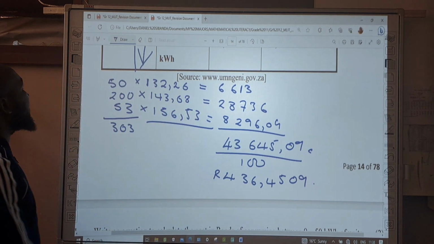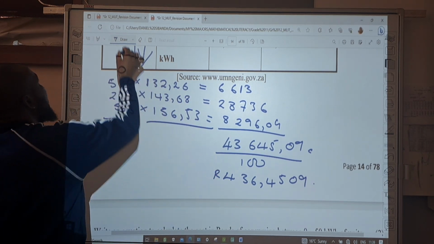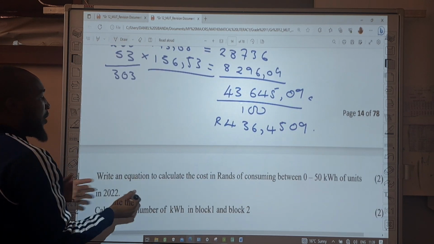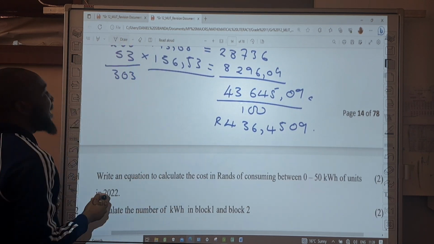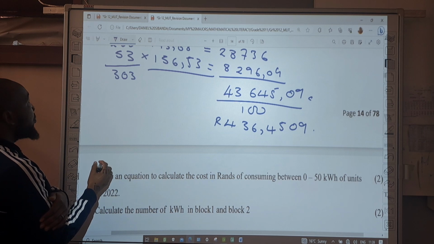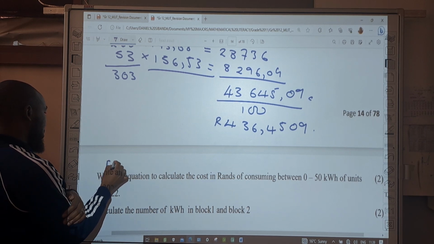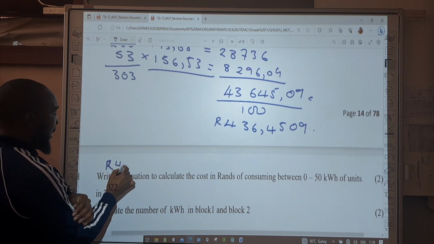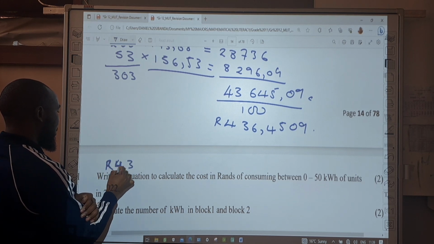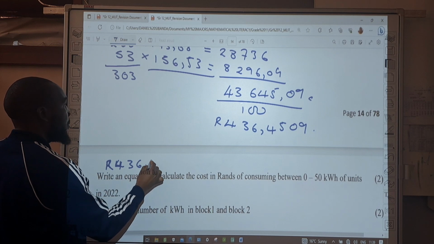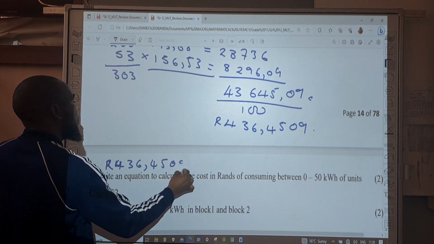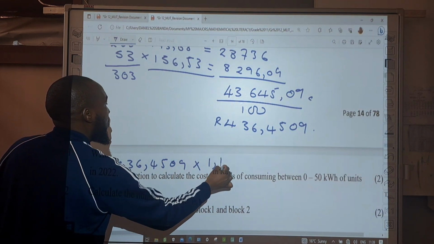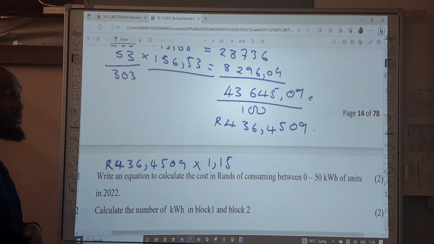Then let's add the VAT. Remember, it has to be VAT inclusive. This is VAT exclusive. So to add VAT, it is going to be 436 rands, 4509 multiplied by 1,15. Remember our VAT is 15%.